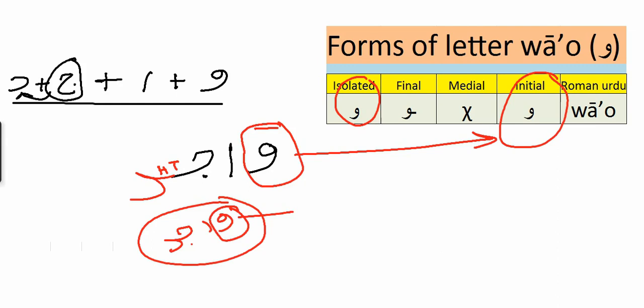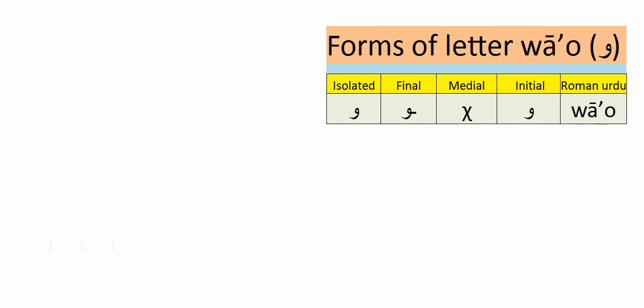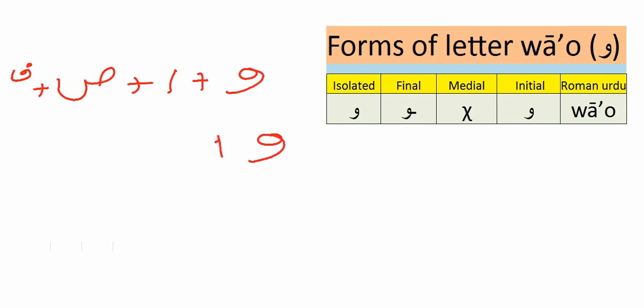Then another example, I will write Wasif. So waw, then alif, then sad letter, and at the end we will write fe. Again I will write waw separate, alif separate, or waw we can consider here initial because the word is starting from the waw letter.